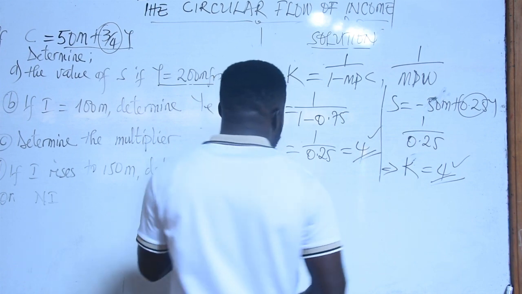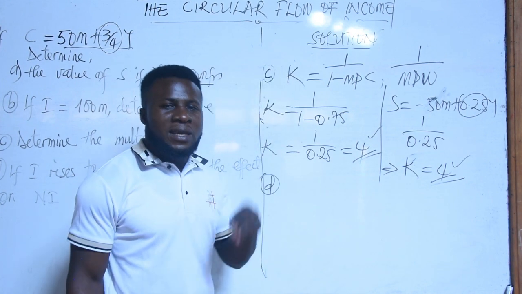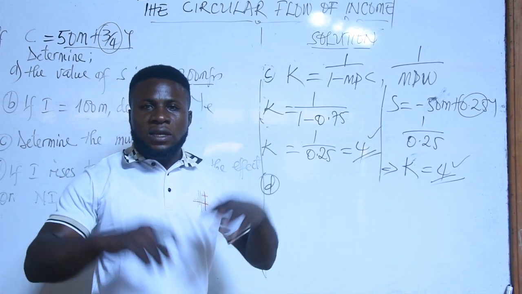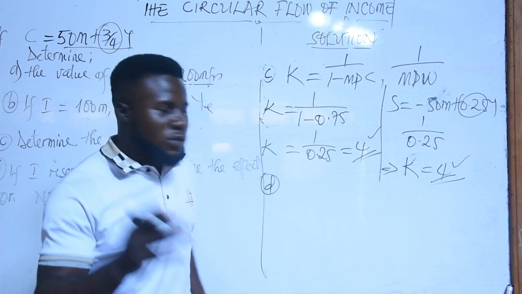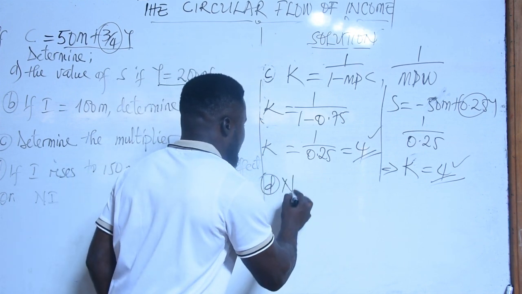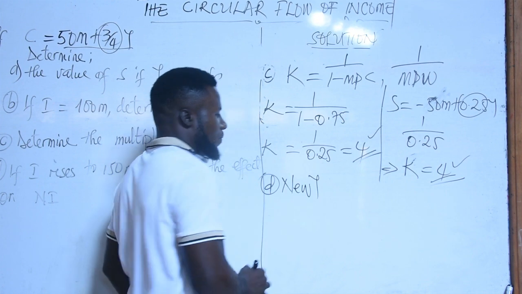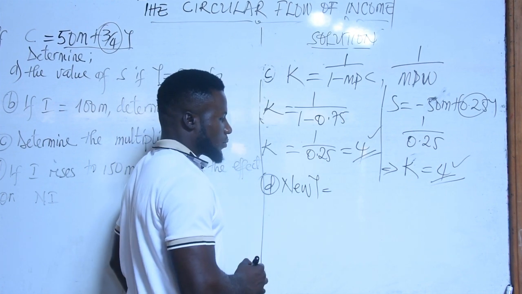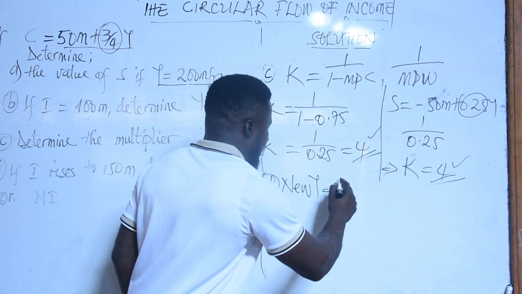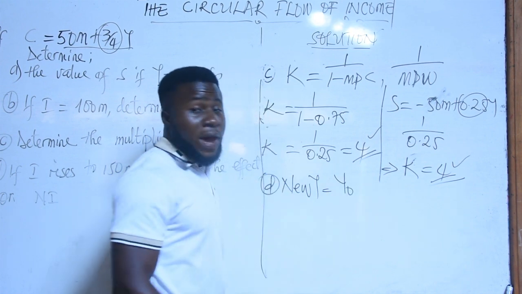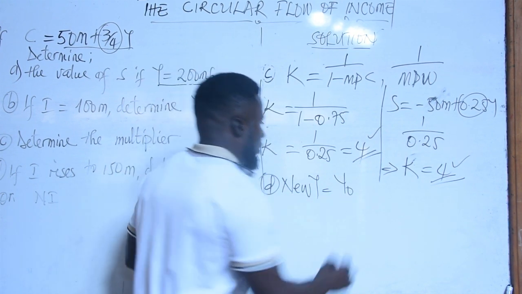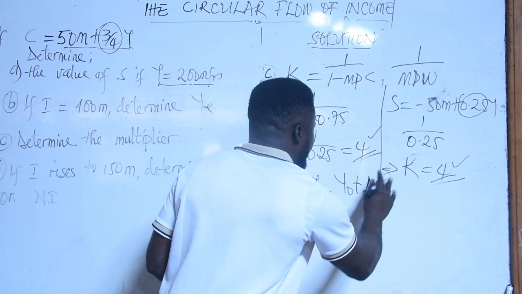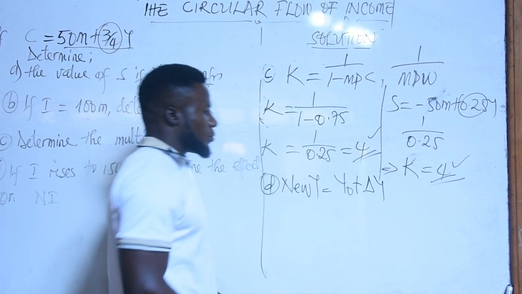So therefore, to get to know the effects of an injection on the new level of income, this is what you do. You say that new income is equal to Y0, let me call Y0 the old income, plus change in income.